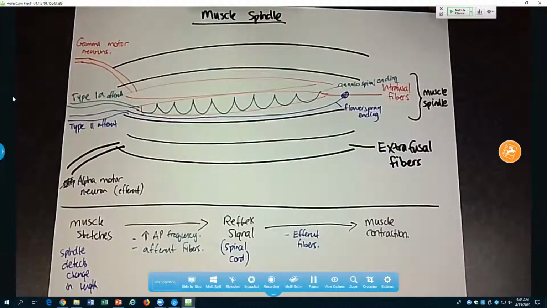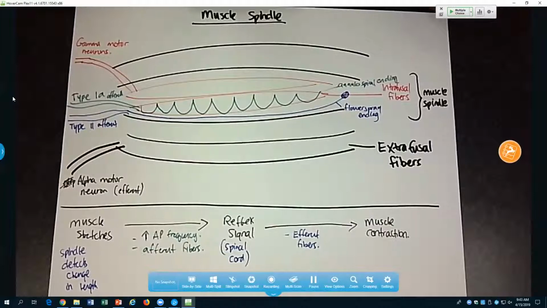So what do you think is going to happen at this point? After the muscle detects a change in length, what happens based upon what we've spoken about? Is it going to increase action potential frequency or decrease action potential frequency?